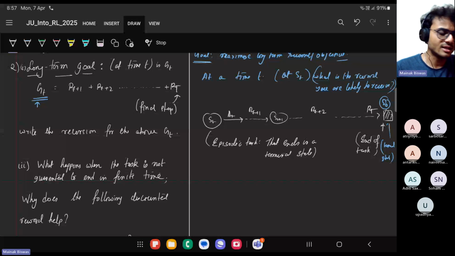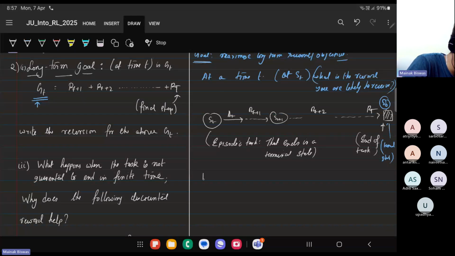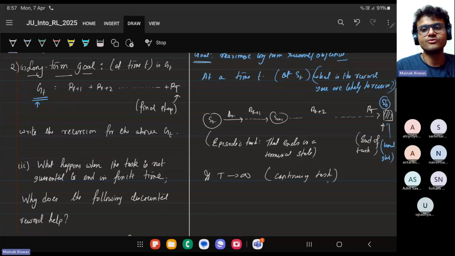Just like that, most tasks would have a terminal state. There are examples where you want it to exist forever. For example, if you want to control the height of water in a dam, it does not have a terminal state at all, unless the dam breaks. If T tends to infinity, it's called a continuing task. We'll deal with each of them separately.